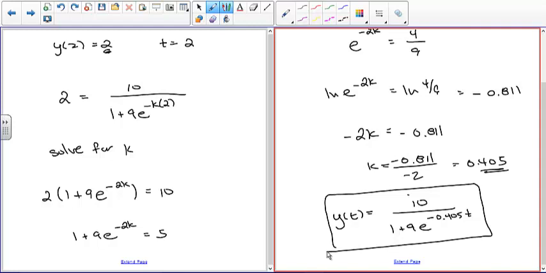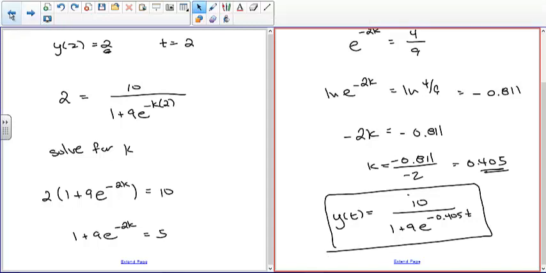And just to make sure I did it right, I'm going to plug in 2 to make sure I get the same answer I just did, because you can always make mistakes. So if I take 10 divided by 1 plus 9 times e to the negative 0.405 times 2, I should get 2, which I get 1.999, so that's close enough. Okay, so I did it right.